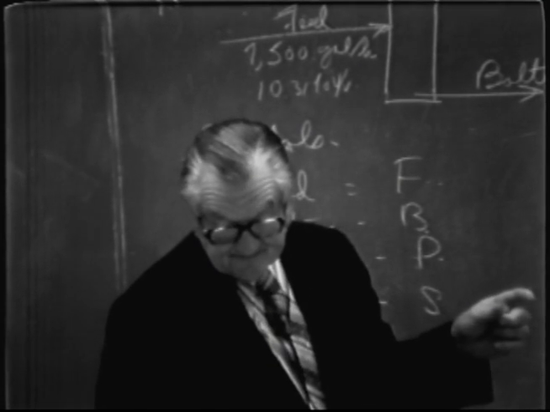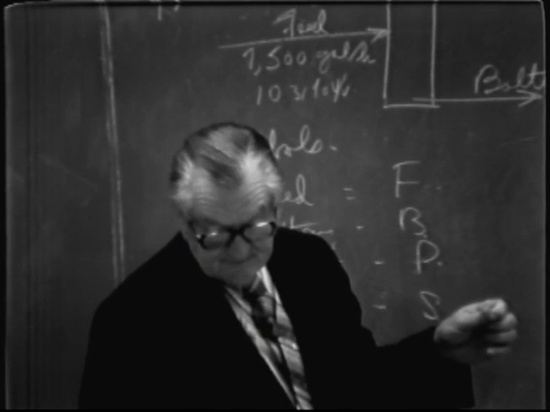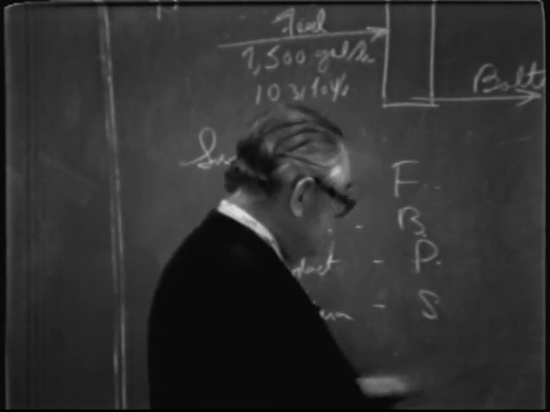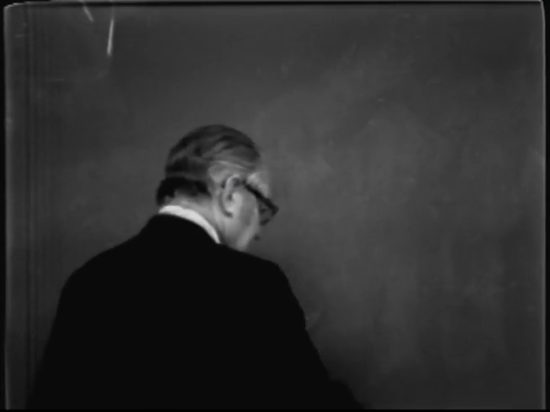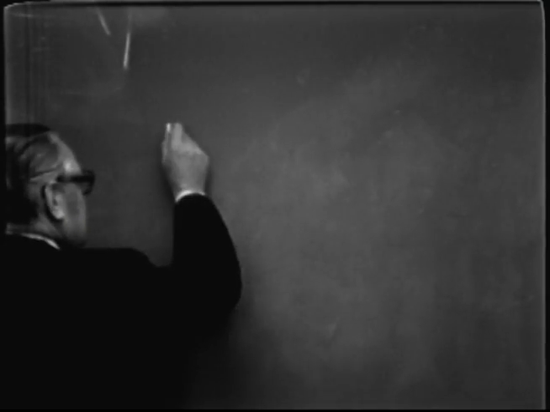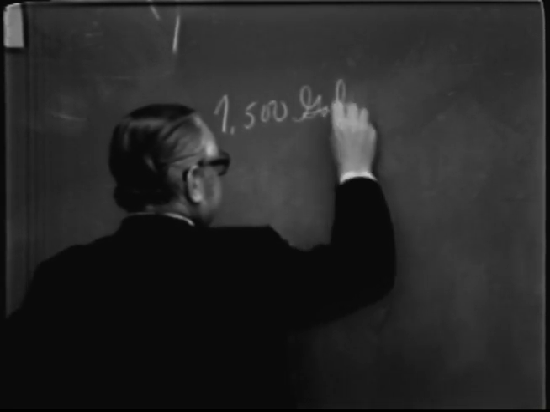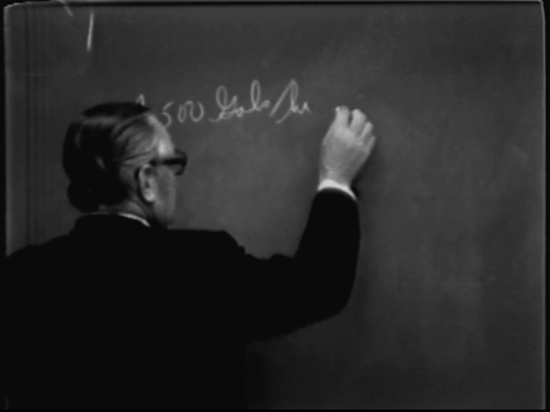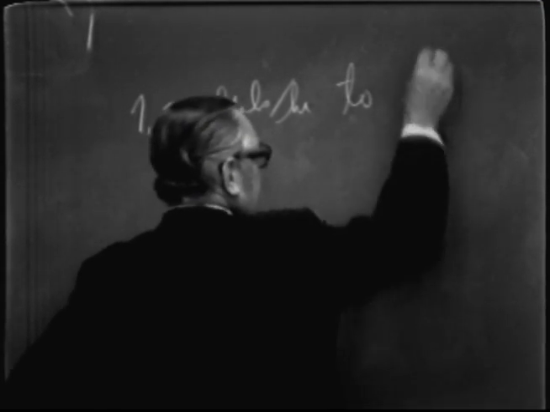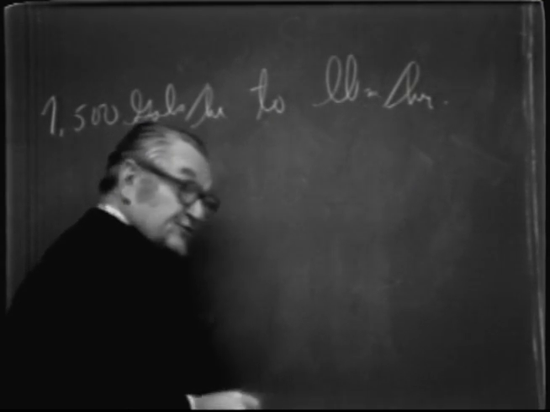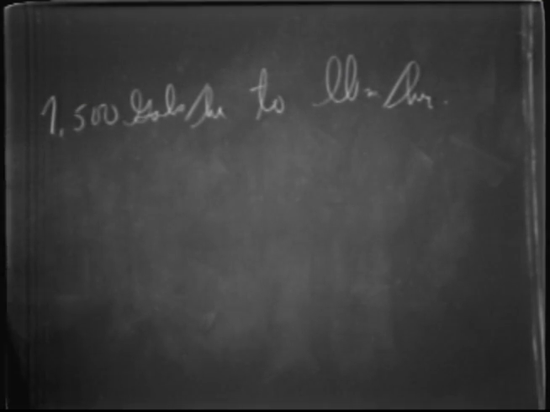How would you convert 7,500 gallons per hour to pounds per hour with the information you've been given in the problem?